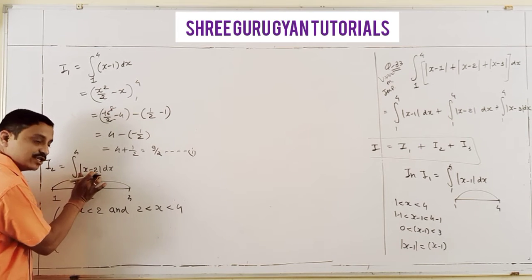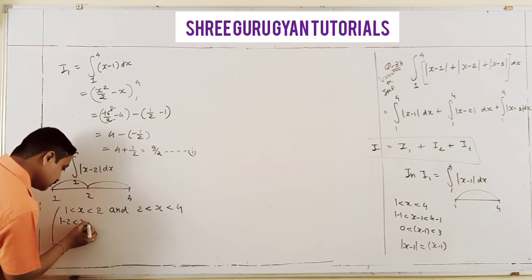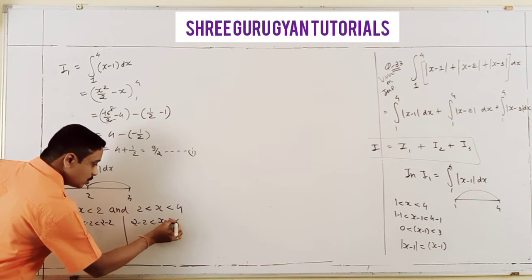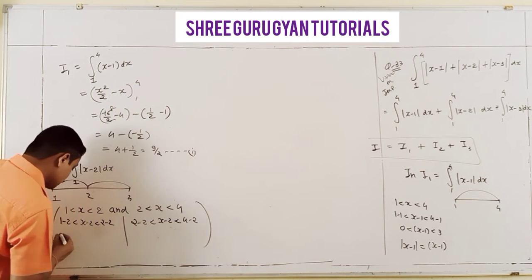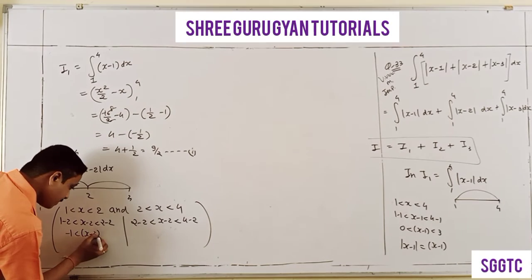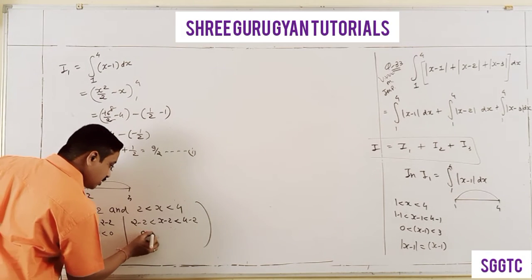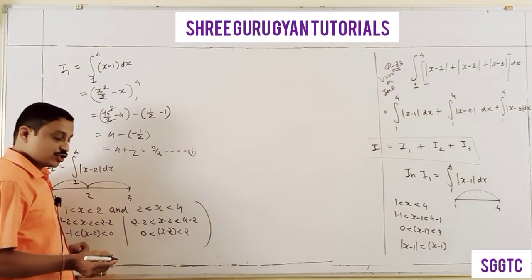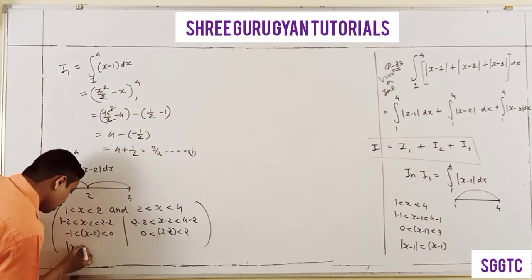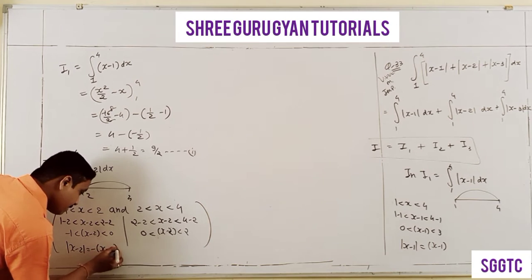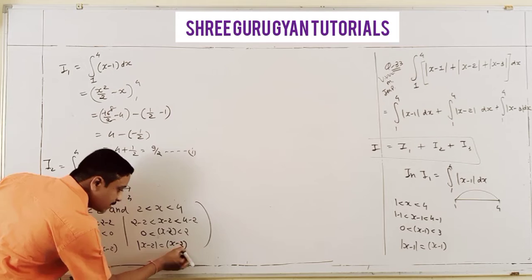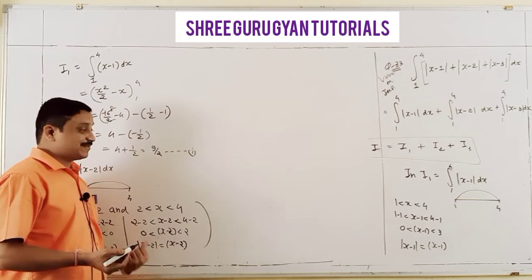I want x minus 2, so students, subtract 2 from each: you have minus 1 to 0 here, and 0 to 2 here. In short, that case is purely negative and that case is purely positive. This part negative, this part positive.